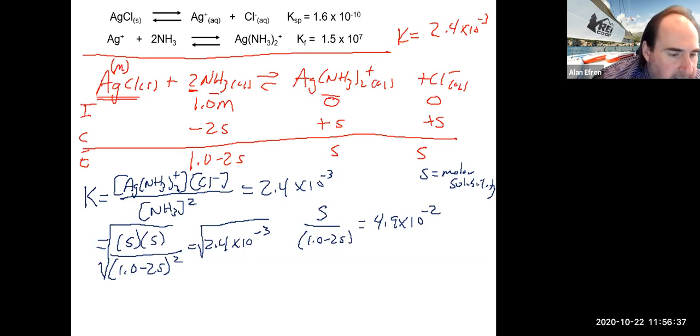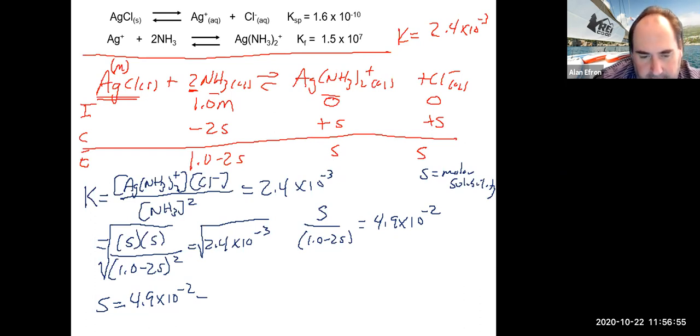I'm then going to multiply everything on the bottom to the right-hand side. So that's going to give me S is equal to 4.9 times 10 to the minus 2 minus 9.8 times 10 to the minus 2 S.